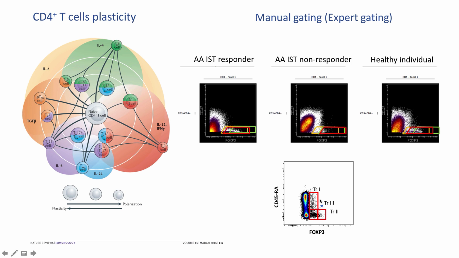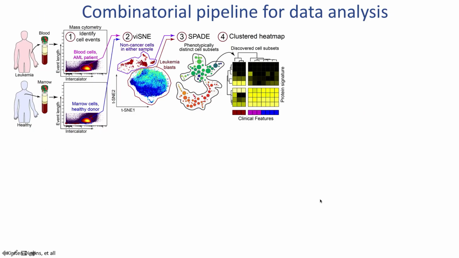So to overcome this issue, a few years ago, we started using mass cytometry or CyTOF to see whether we can identify Tregs and define them a bit more consistently and a bit easier, if you like, and more comparable between centers.